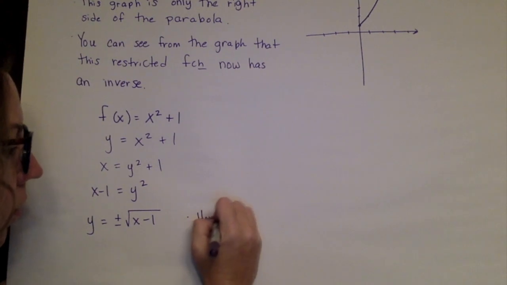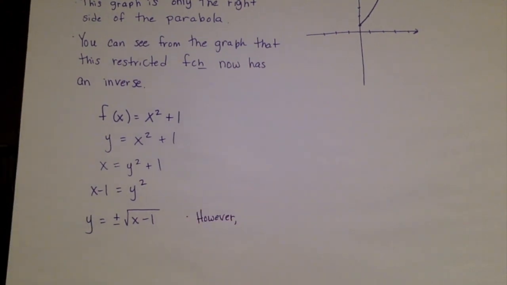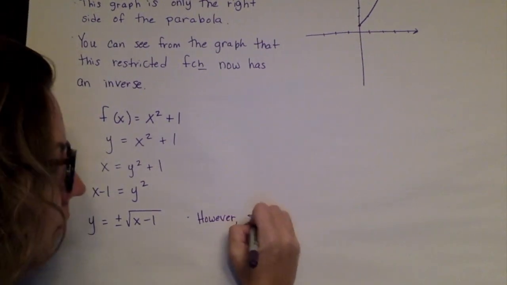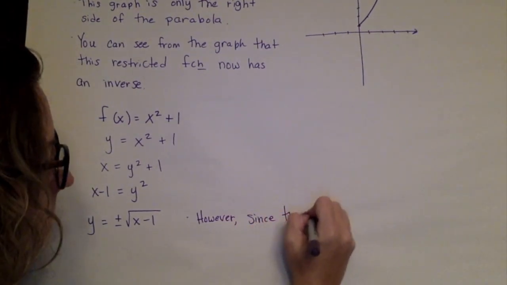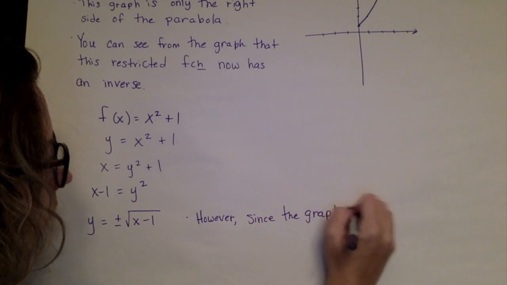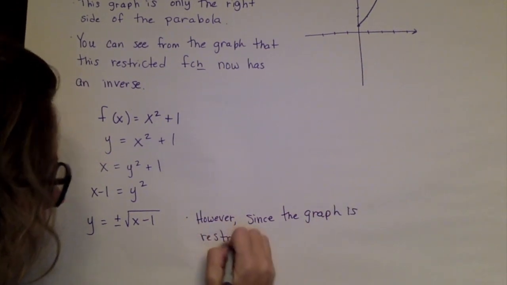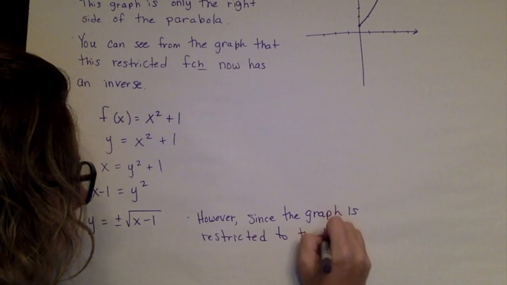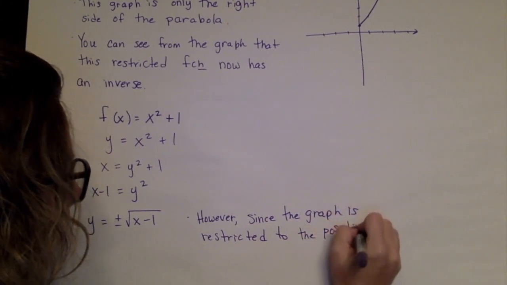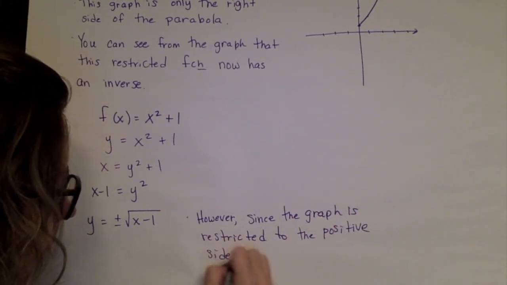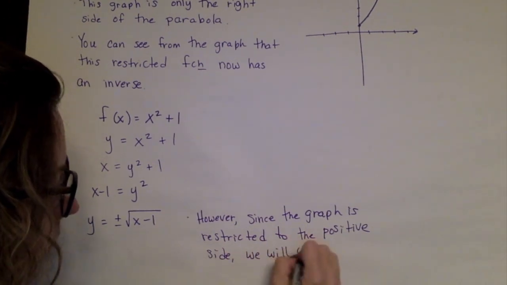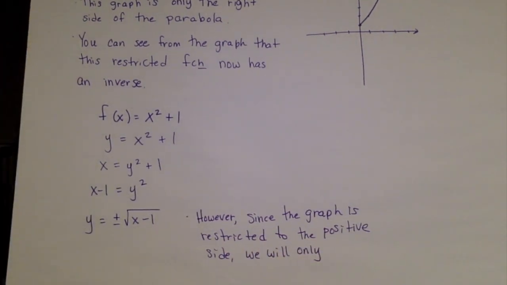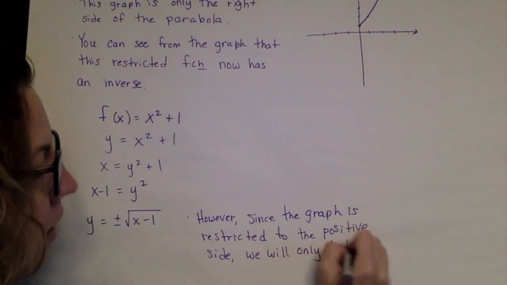However, okay, since the graph is restricted to the positive side, we will only take the positive square root.